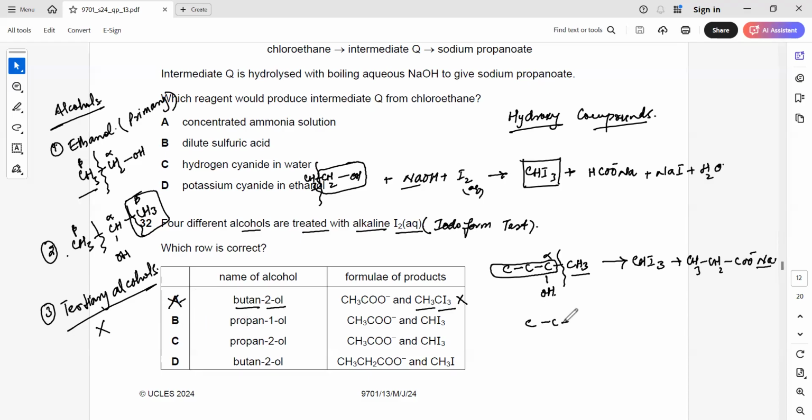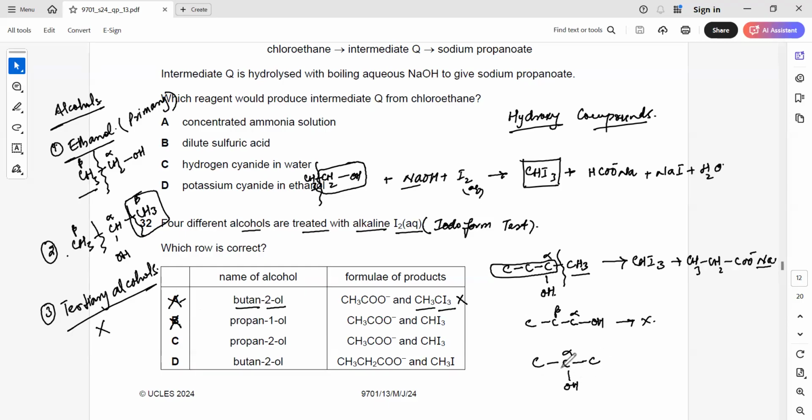Okay, let's see option B, propan-1-ol. So 1, 2, 3, and it's a primary alcohol, as we know, with the alpha carbon bonded to one beta carbon. So that is not giving us the iodoform test, because as I said, among primary alcohols only ethanol will give the iodoform test. Okay, propan-2-ol. So 1, 2, 3, and OH.